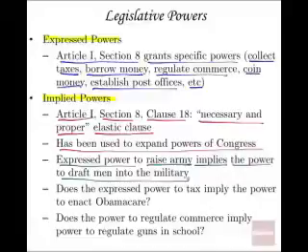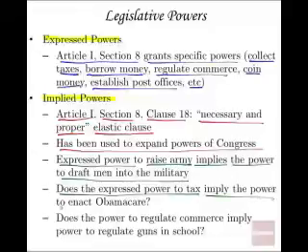Now, the million-dollar question is, does the express power to tax imply the power to enact Obamacare? The answer, according to the Supreme Court, with the passage of Obamacare, was yes. The government has the power to tax, and the idea is that with Obamacare, you can choose not to get it, and if you don't, then you are taxed.